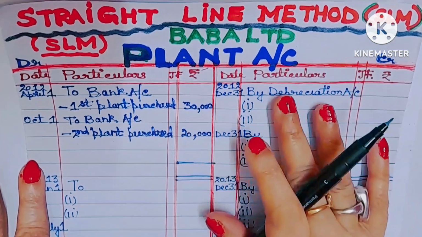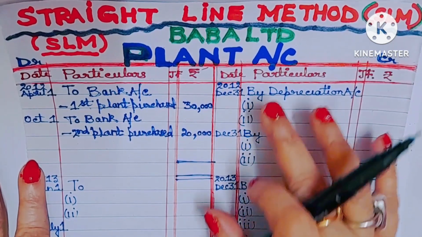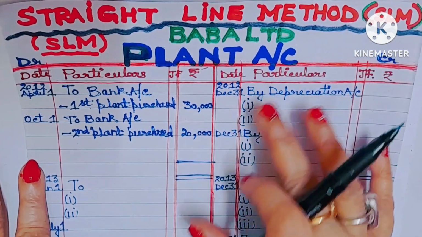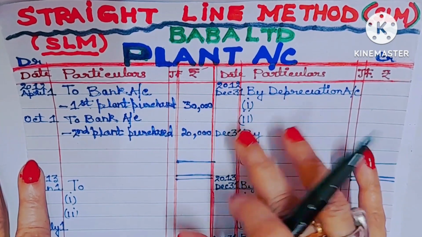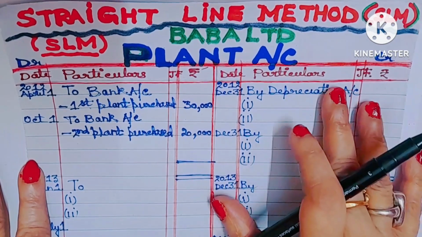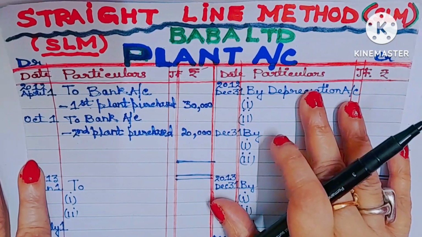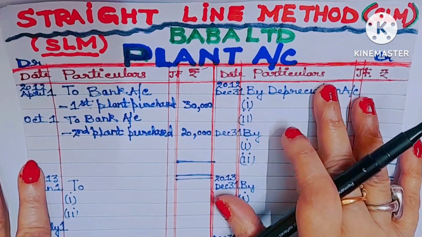So 3 months. Why are we charging depreciation on 31st December every year? Because Baba Limited follows calendar year. Calendar year means starting from 1st January to 31st December. Understood? Now let me show you how to do the workings. Let's go through the workings.